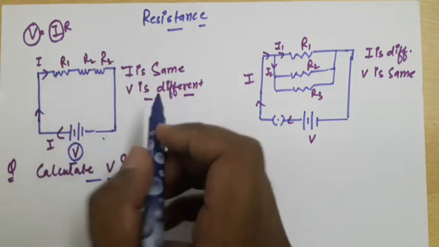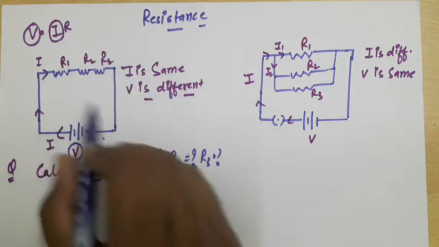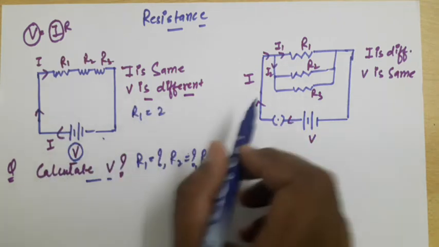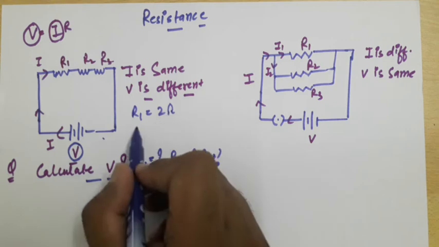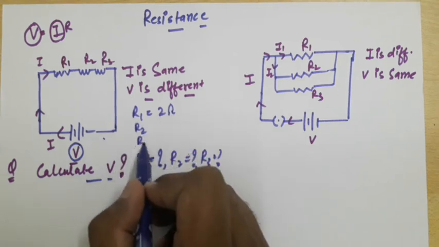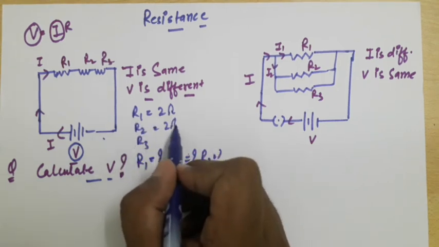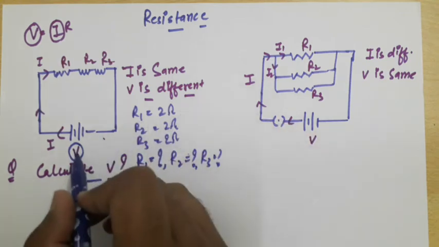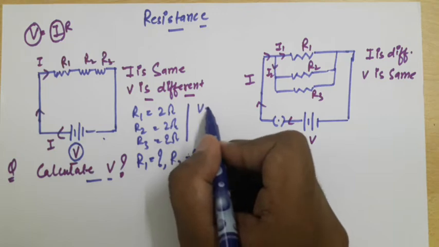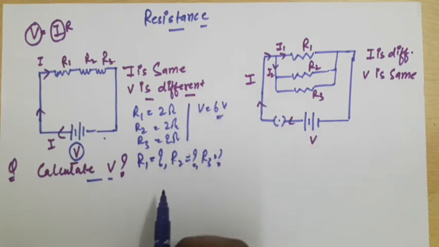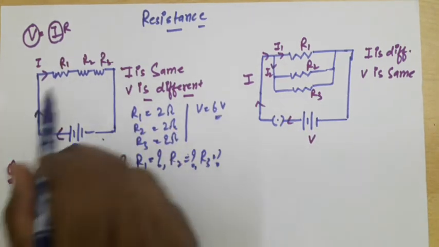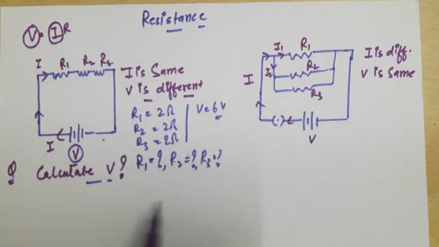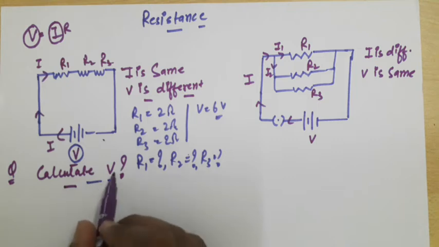Suppose R1, R2 and R3 are given in this question, each 2 ohms in both the questions, and the potential difference V is given as 6 volts for the complete circuit. The values are the same in both cases.